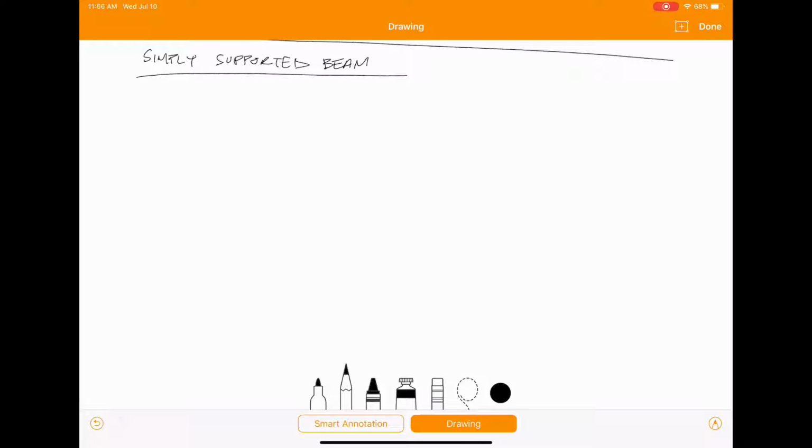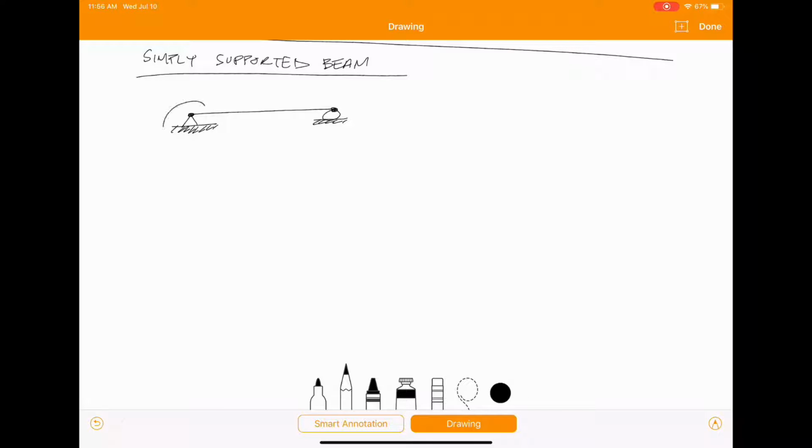So when someone says simply supported beam, all that really means is that the beam is going to be fixed, or it's going to be pinned on one end, and there's going to be a roller at the other end. Now, you might be asking yourself, why do I care? What does this mean to me?